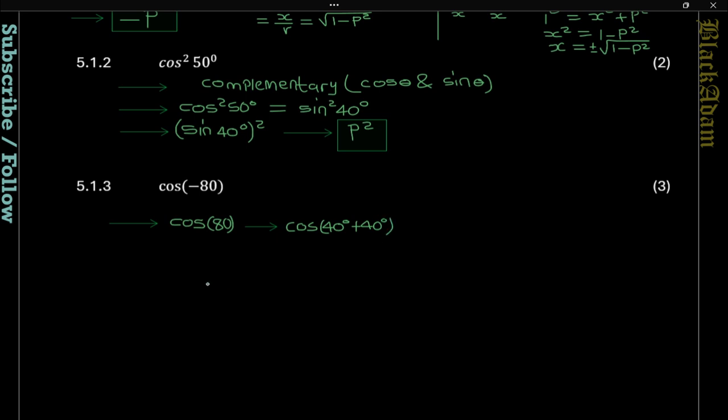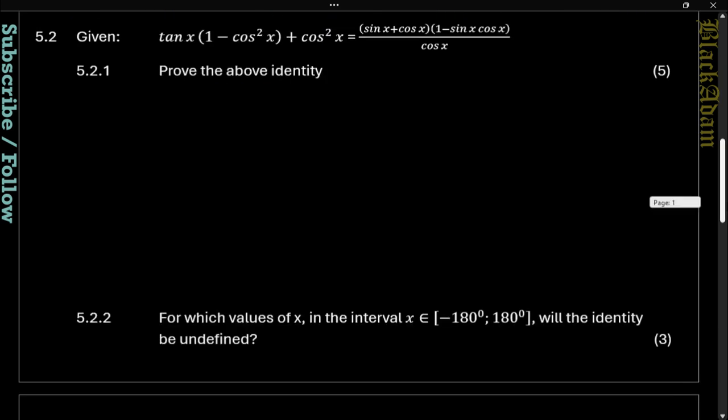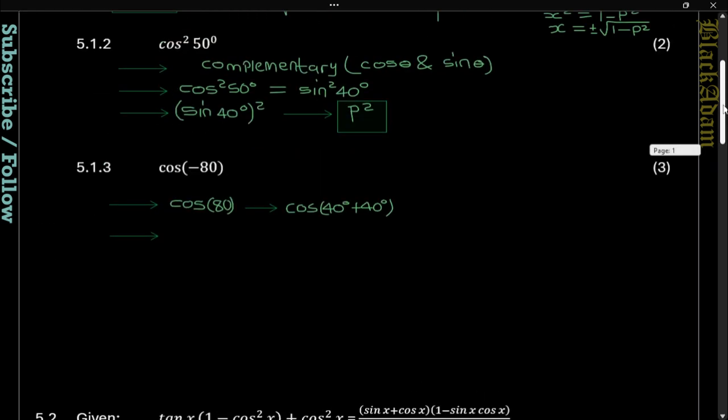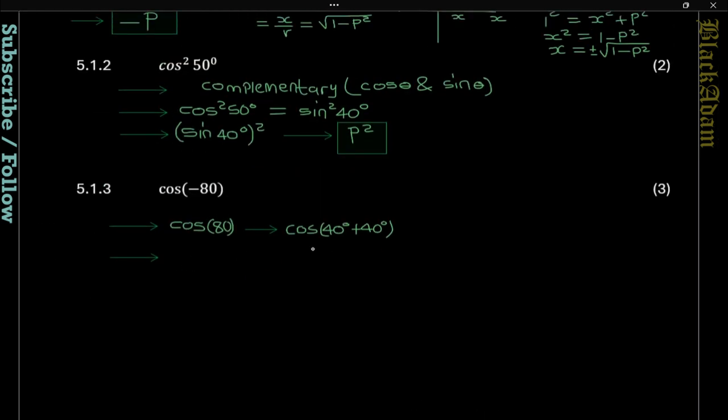So that means we have cos squared 40 degrees minus sine squared 40 degrees.